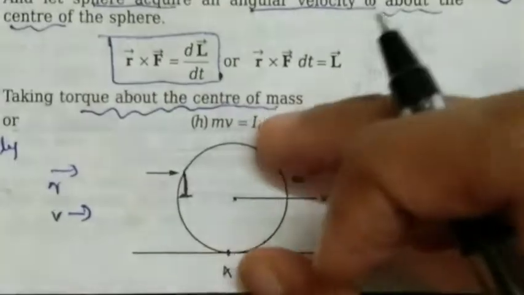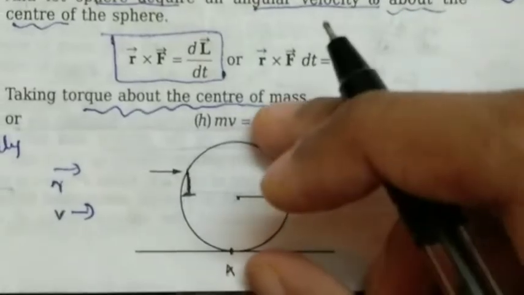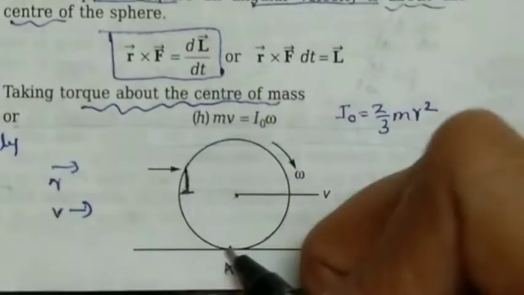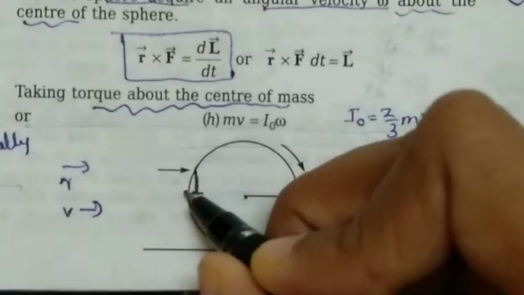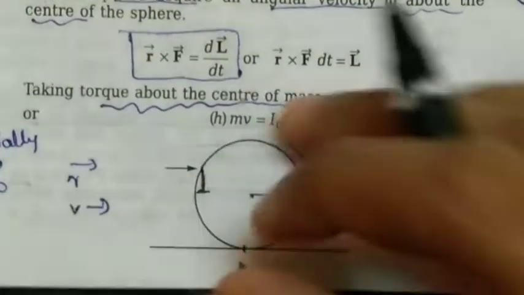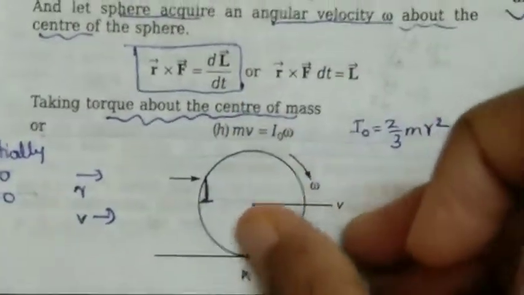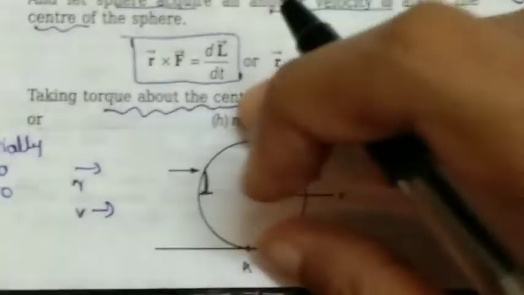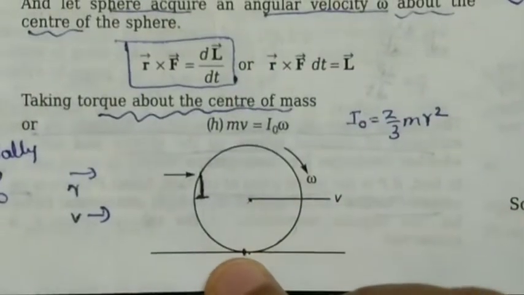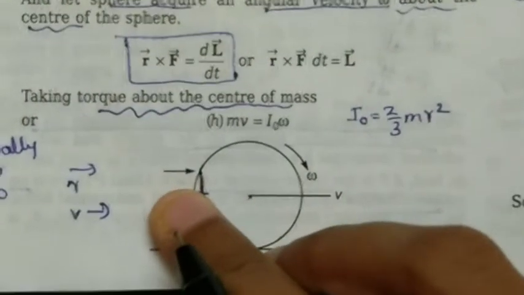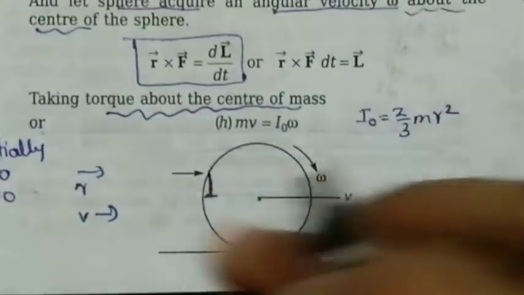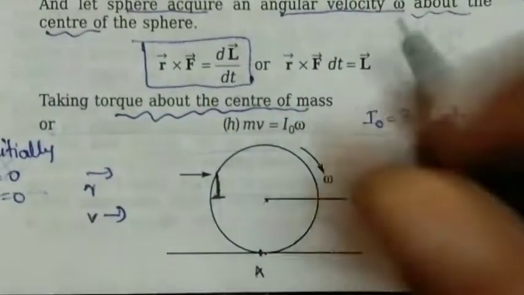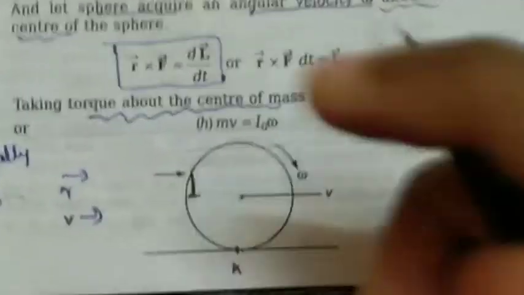For a certain time after, this A point would move to here. This sphere also would move in the forward direction. Now at present the A point is here. As this sphere rotates and rolls like this, this point would move here and the center of mass would have traveled a certain distance forward.